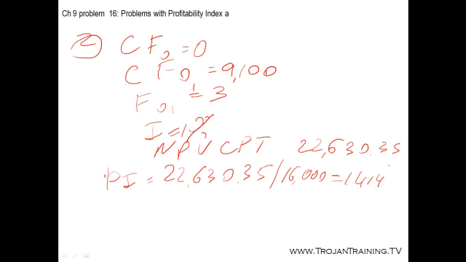Using the profitability index decision rule, we should accept the project with the higher PI. Between these two projects, project number 2 has the higher PI, so we should accept project 2 in this case.